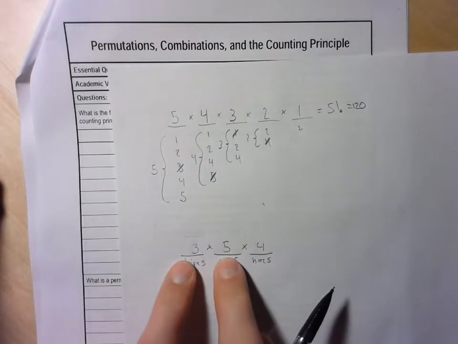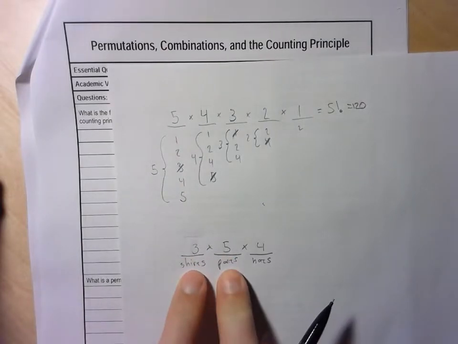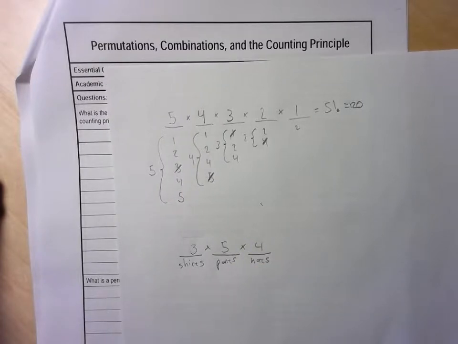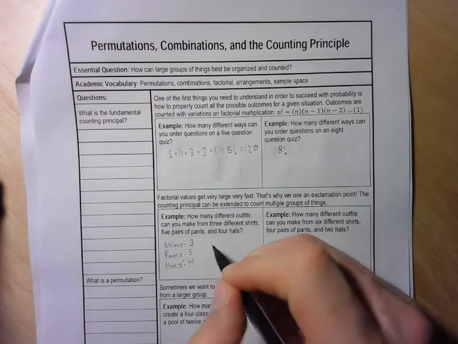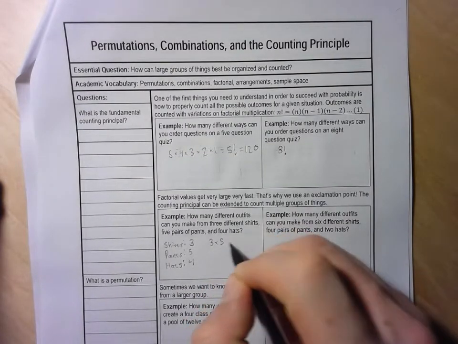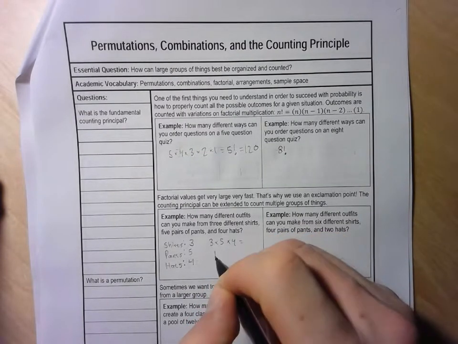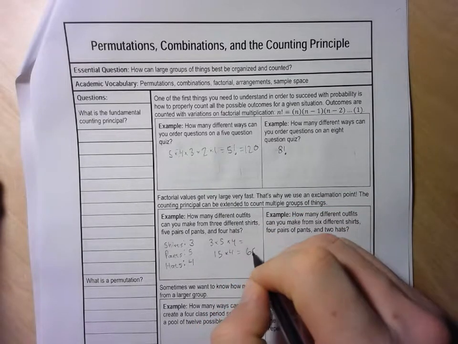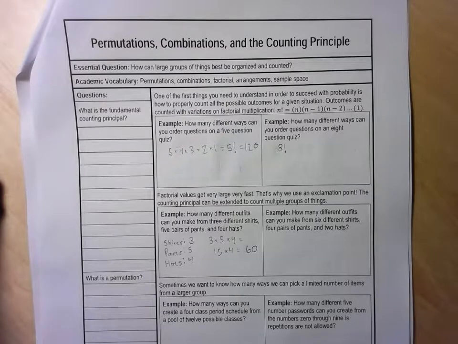We're just taking the different groups of things and multiplying them together. So 3 times 5 is 15. And 15 times 4 is 60. So there are 60 different outfits that can be created.